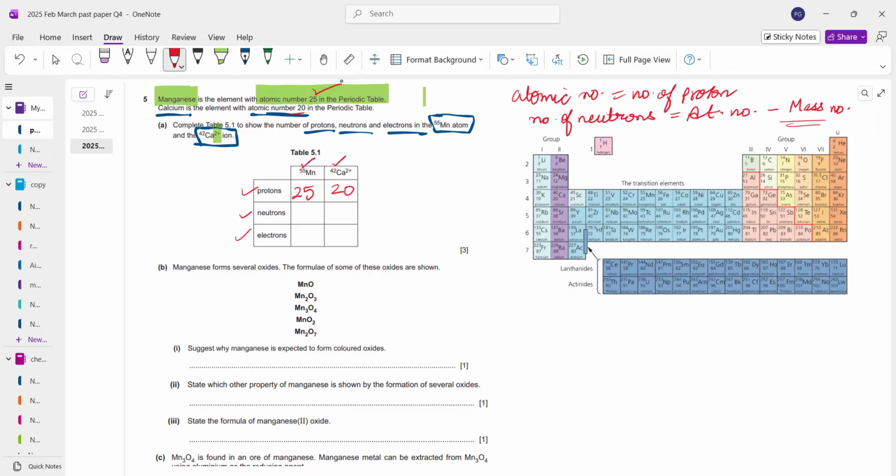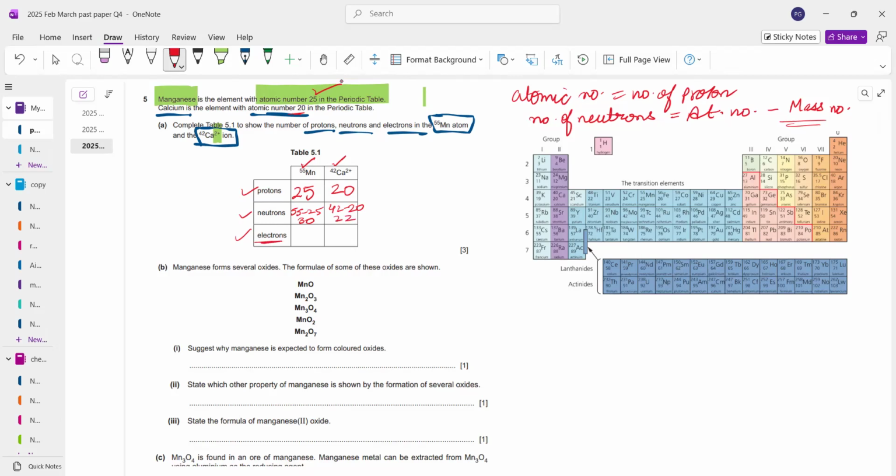The numbers written on the top left are the mass numbers. So, number of neutrons for manganese would be 55 minus 25, and that is equal to 30. For calcium ion, 42 minus what was the atomic number? 20. So this is going to give us 22.